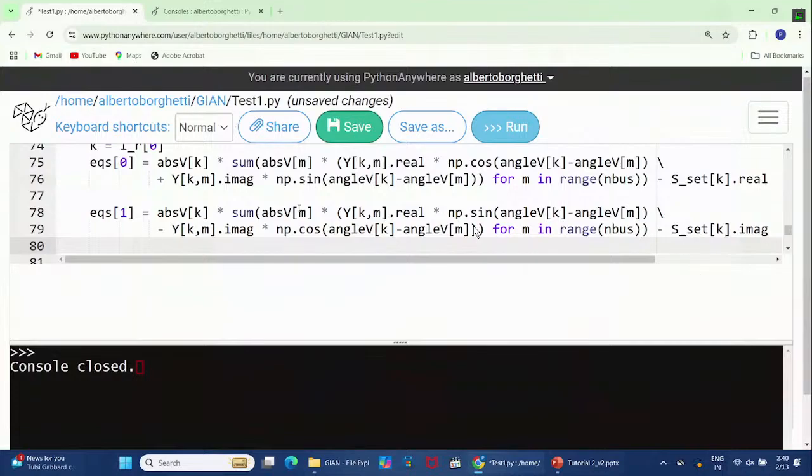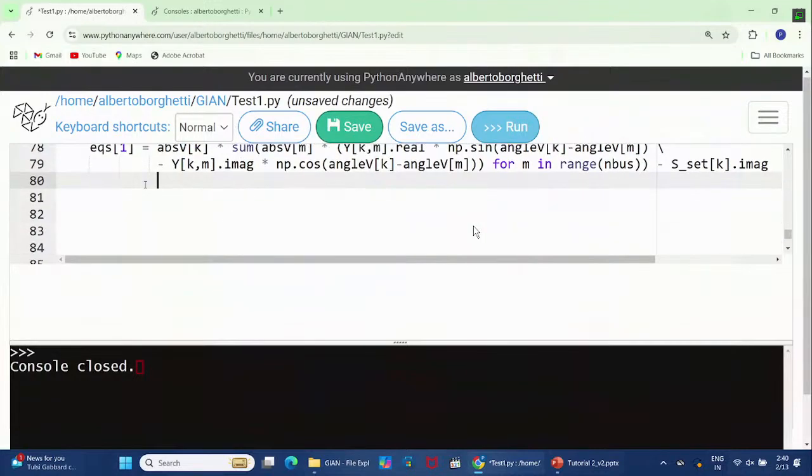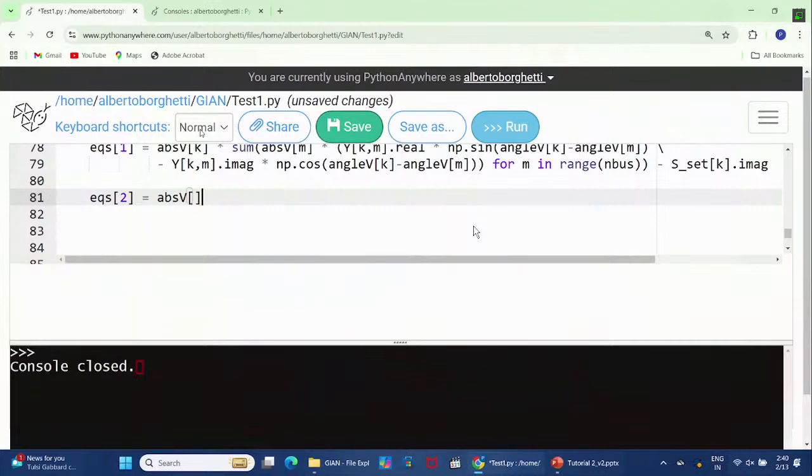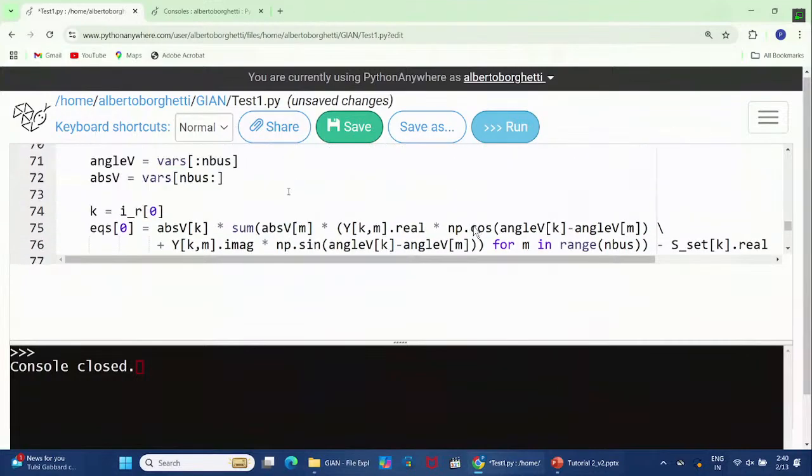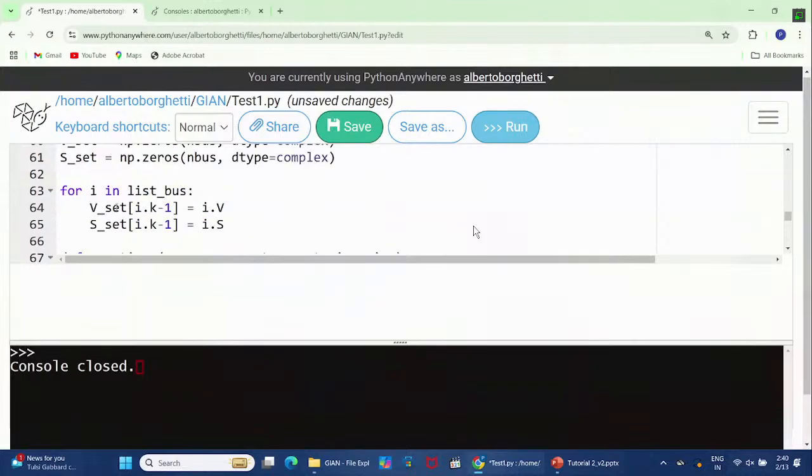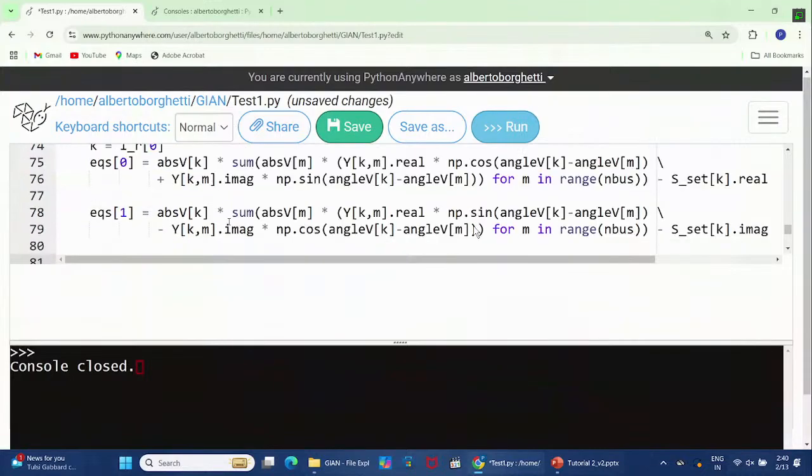Equation 2. AQS, and then I put 2 equal, and then it is the comparison, and we say just abs of V in K minus V set that we have already put here, V set in the same bus.